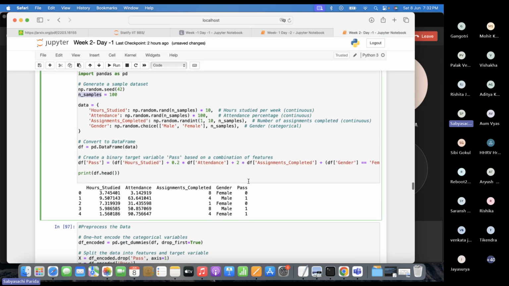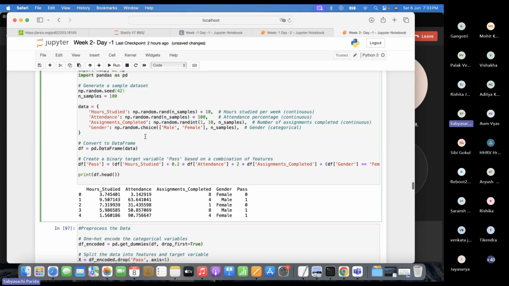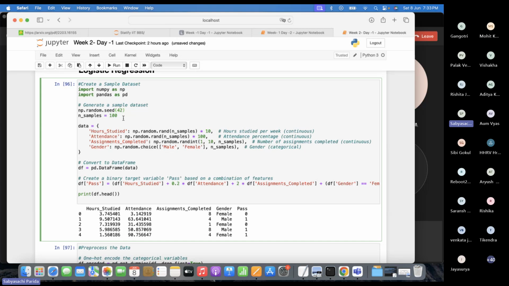Suppose for the number of passed students, out of 100 samples, I have made 60 and 40. 60 students have passed and 40 students have failed. To maintain uniformity that the same 60 and 40 should be there, I'm trying to fix particular numbers. So the random number generator which my system has should always be producing the fixed set of numbers so that my overall target that I'm trying to make is always correct.